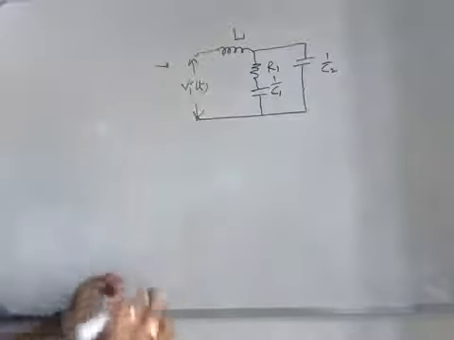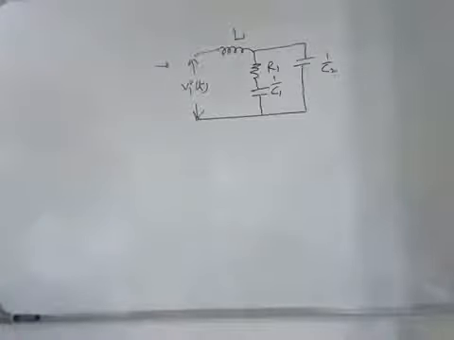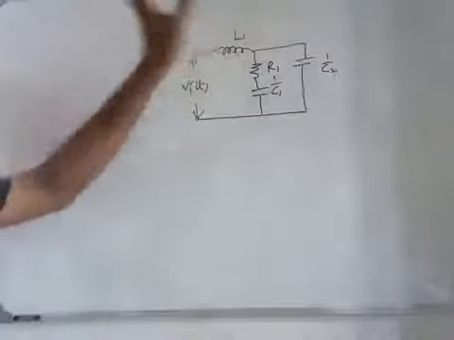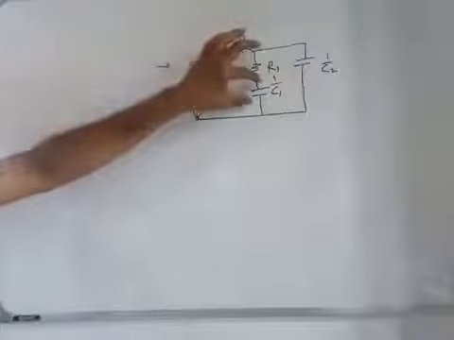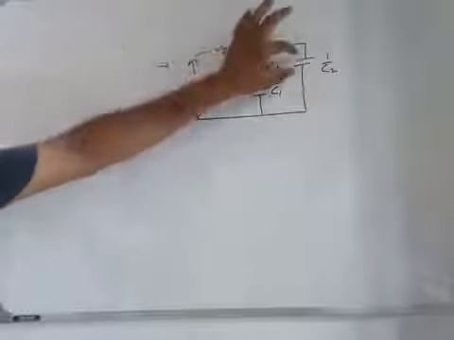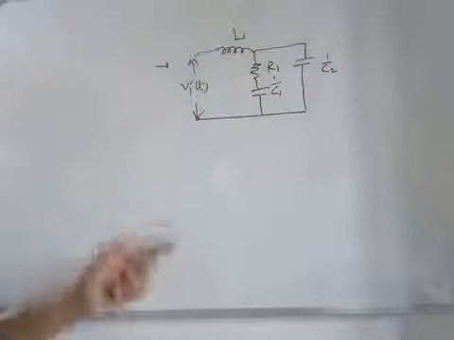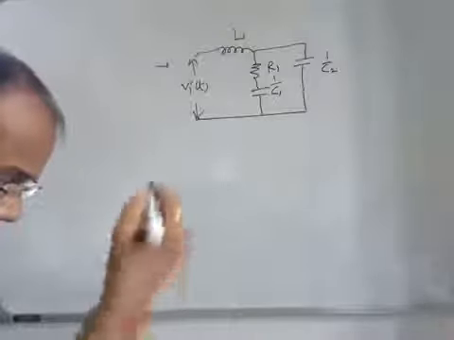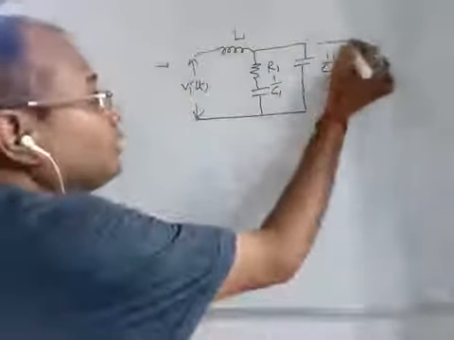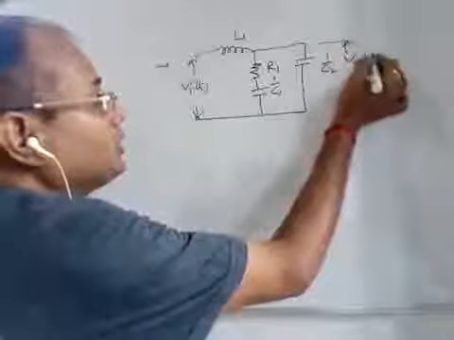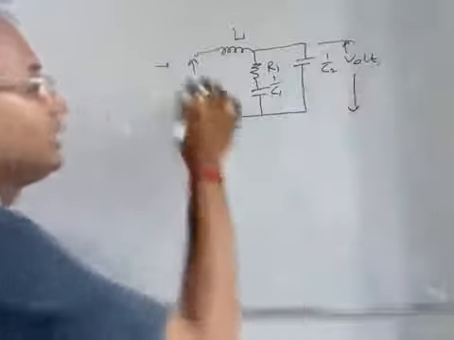So this is one electrical network which has one inductive path and two capacitor paths. The value of capacitance is given by 1 by C1, and this is say 1 by C2. Now you have to get the voltage drop across this, equal to V0(t), with Vi(t) as the input.